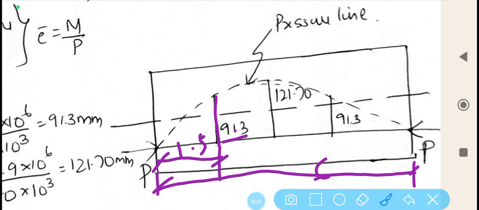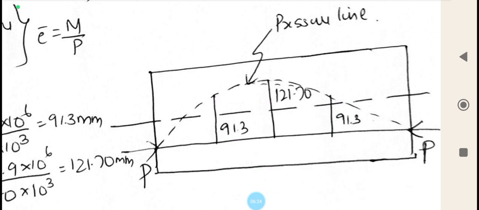Again central span means 6 divided by 2, that is 3 meter. Again measure 121.7 at the central point, and similarly the last position is the quarter span, and from there again you measure 91.3.